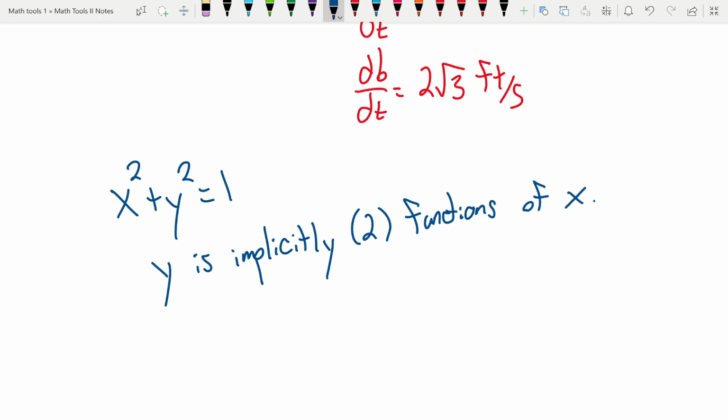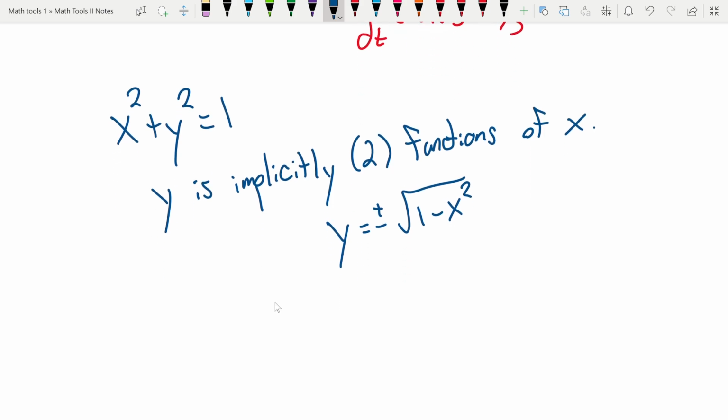Okay. So implicitly, y is a function of x. y is actually, in this case, plus or minus the square root of 1 minus x squared. So 2 different functions of x. So that's why we usually refer to it as a curve or something like that, because it's actually 2 functions and not a function overall.